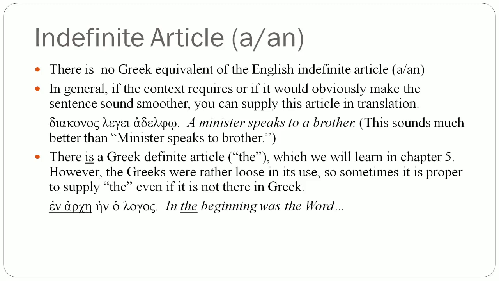But again, that doesn't sound great. You say that and it sounds like something is missing, right? And so you just have to put that in there. In the beginning was the Word, and you can do that, but most of the time, especially in this class, just stick to when you see the definite article, put it in there. If you don't see it, either leave it out completely or put the indefinite article a or an.